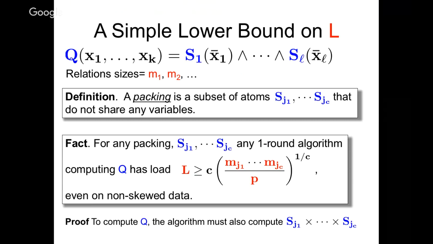We have just two relations. They share a variable. So in that case, a packing can only contain one of these two relations, and this observation says something trivial. So C is 1. It says that the load is at least M1 by P, and it's also at least M2 by P. So it is at least the maximum of M1 by P and M2 by P. That's where I'm heading.